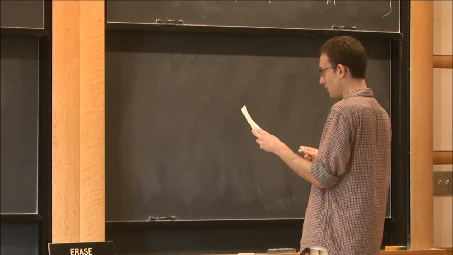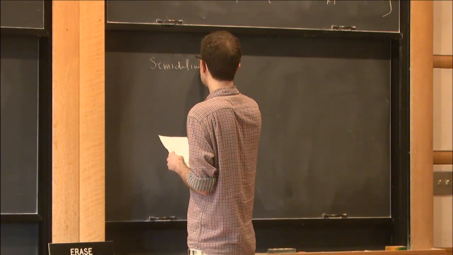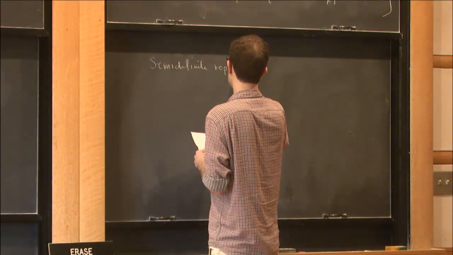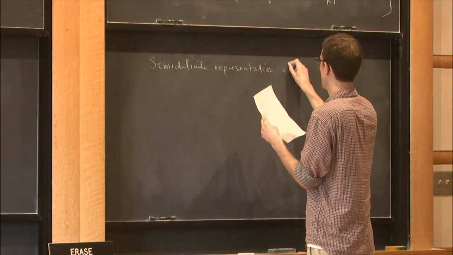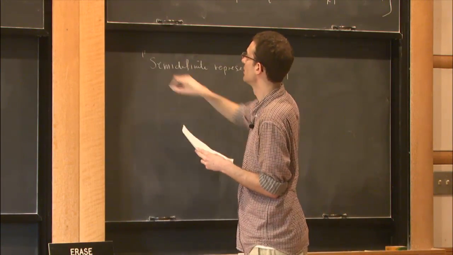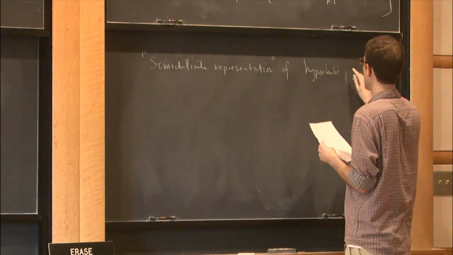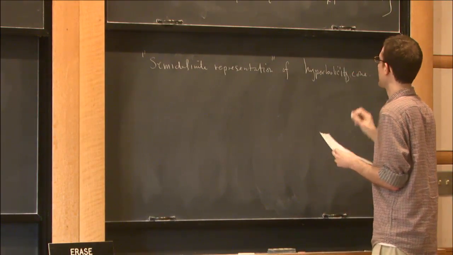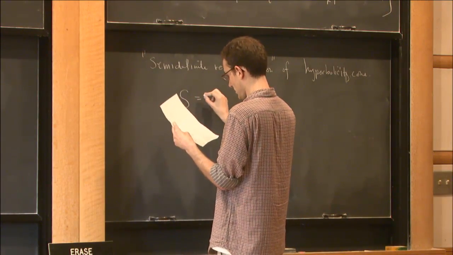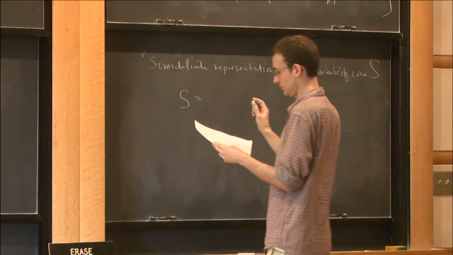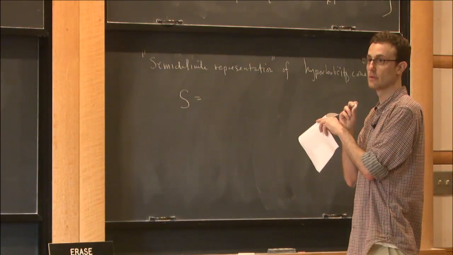So there is what is called a semi-definite representation of a hyperbolic polynomial, well, let's say a hyperbolicity cone, is a representation of the form S, call this S. So now you're going the other direction, you're representing the hyperbolic.